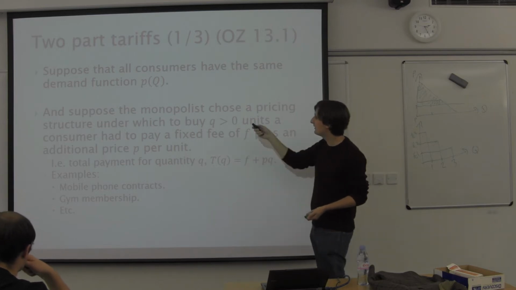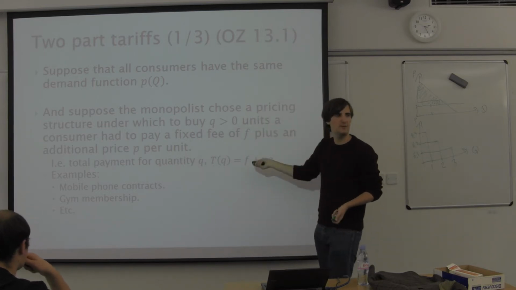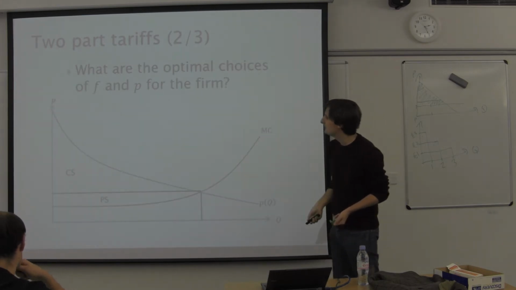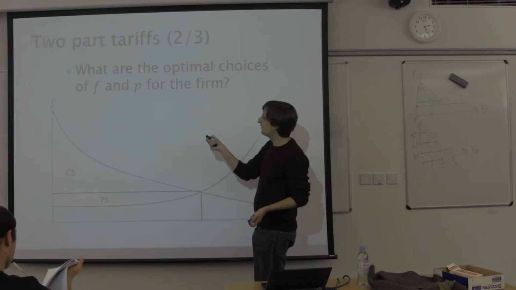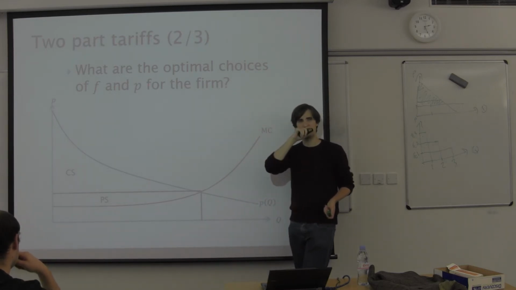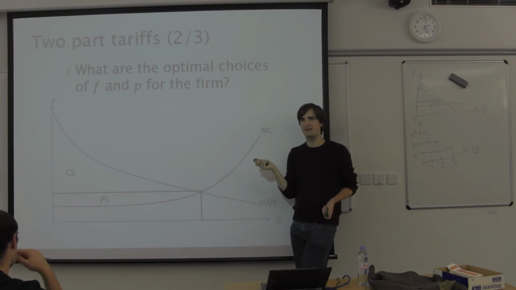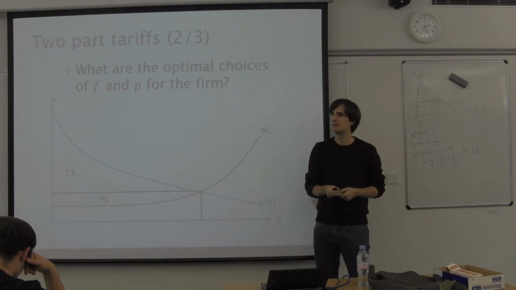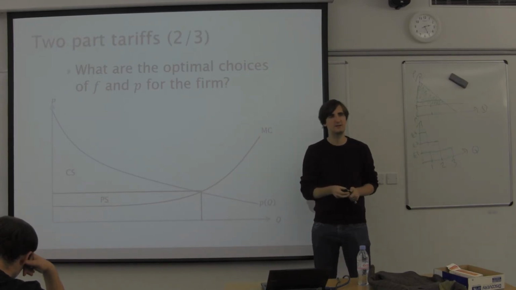So let's suppose that the monopolist offers these consumers one of these two-part tariffs. What do you think the optimal choices of this fixed fee and the price are going to be for the consumer? The graph slightly gives it away. If you were the monopolist, how would you design this two-part tariff?